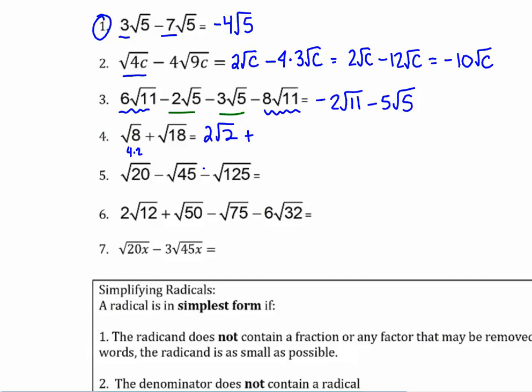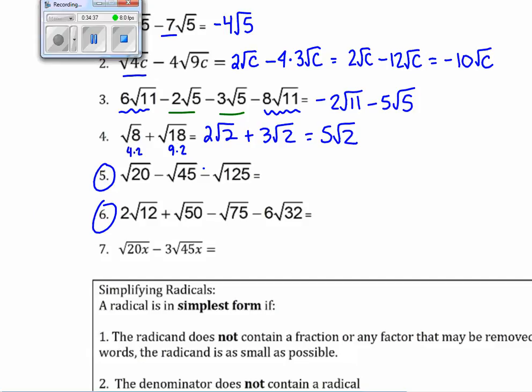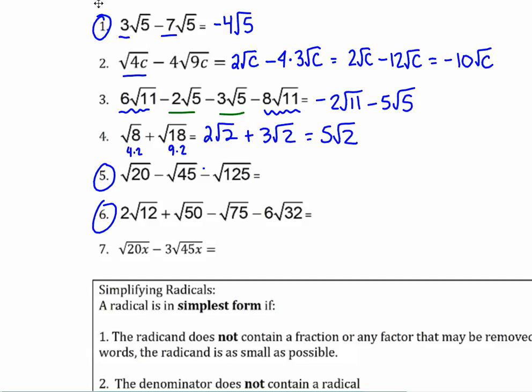Yeah, which one? We can write it as 9 times 2. So what would that equal? 3 root 2, which equals how many root 2's? 5. Okay, try 5 and 6 all by yourself, or with your neighbor. Okay, I'll write the solutions up on the board.